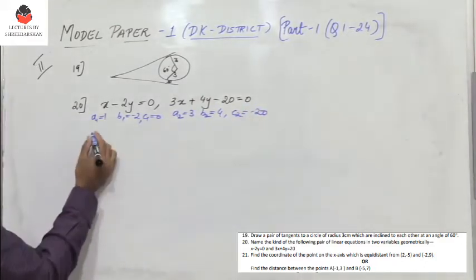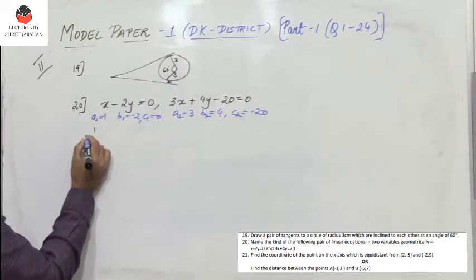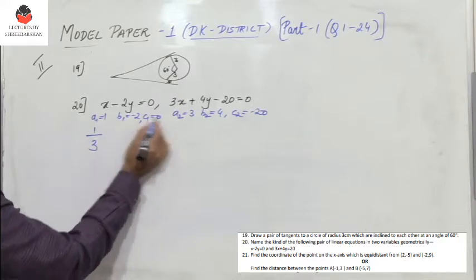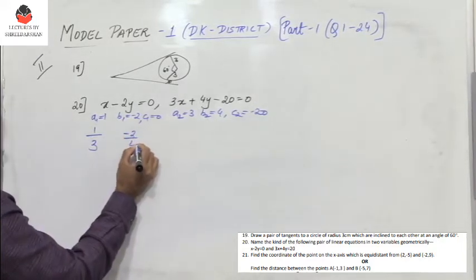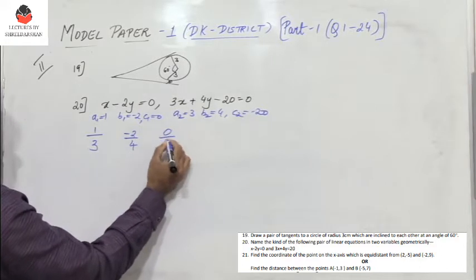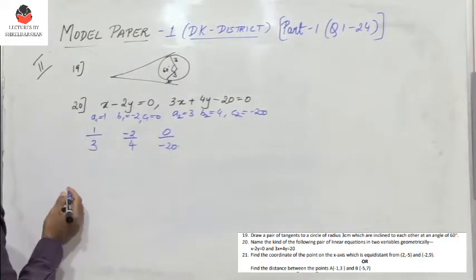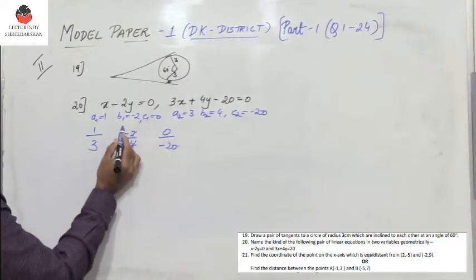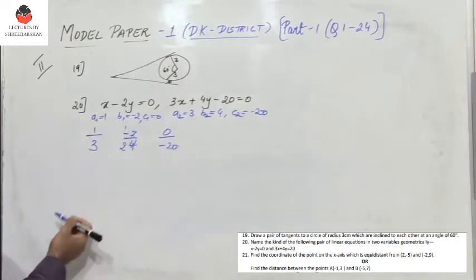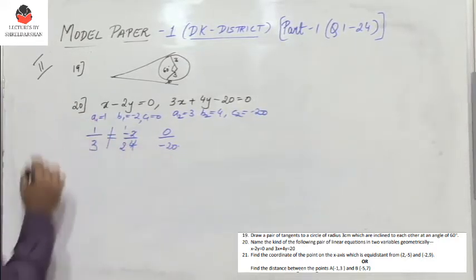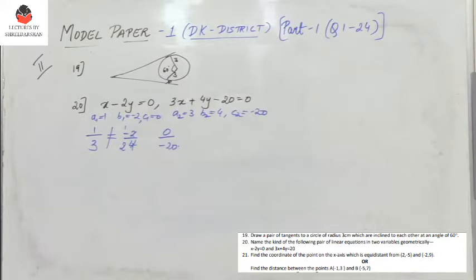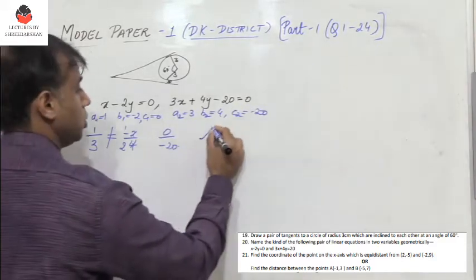So let's find the ratios. a1 by a2 is 1 by 3, b1 by b2 is minus 2 by 4, which is minus 1 by 2, and c1 by c2 is 0 by minus 20. We know that a1 by a2 is not equal to b1 by b2, so there is a unique solution.